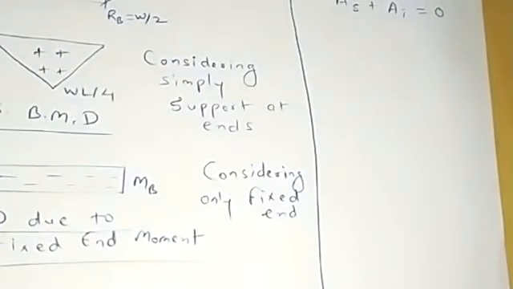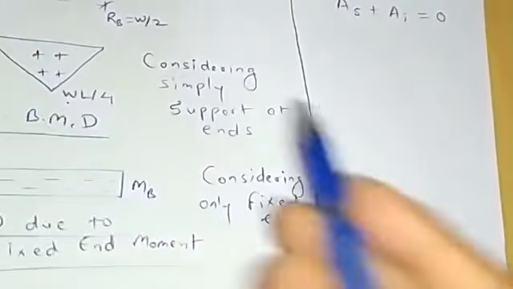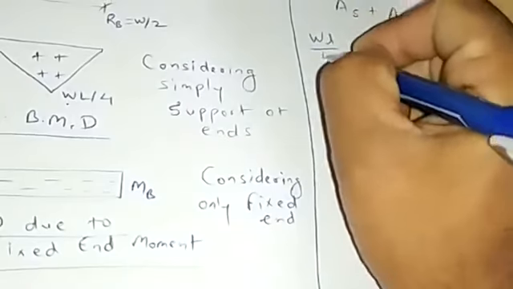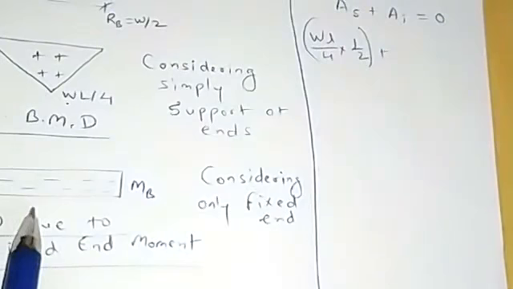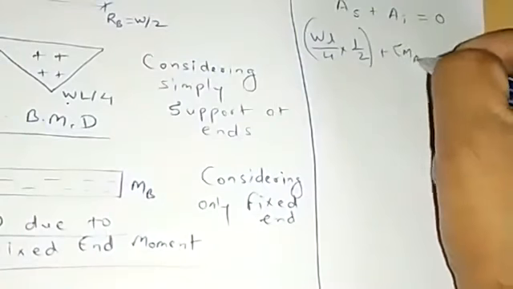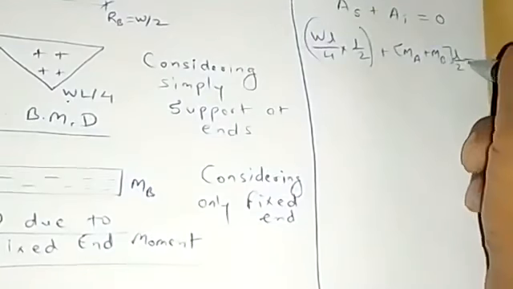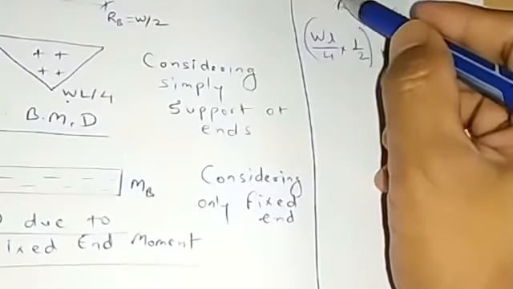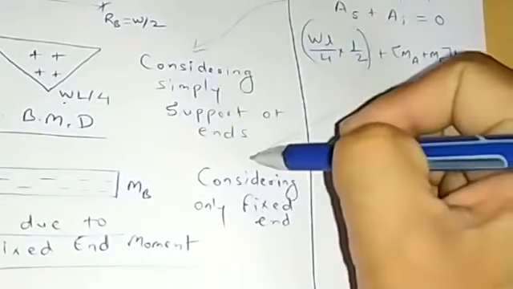Now in such a case, this is WL by 4. So the area would be WL by 4 into L by 2, while because of this, it would be MA plus MB into L by 2, which is equal to 0. This is the area.